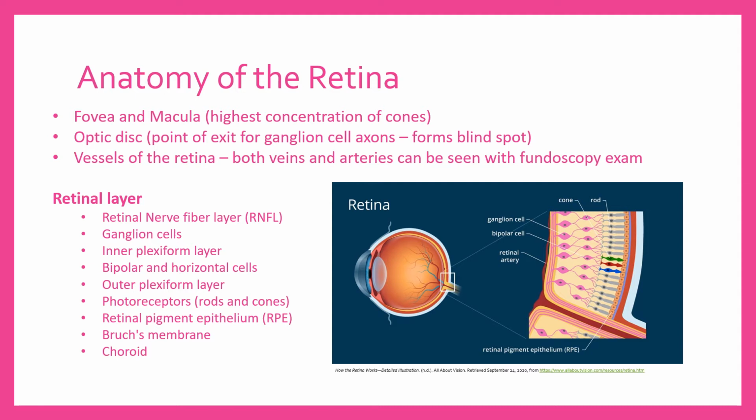Within the retinal layer, there are also multiple sublayers that either supply nutrients or participate in an intricate system to detect light and interpret it into an electrical signal. I have organized the general sublayers of the retina from the innermost to the outermost and eventually the choroid in this slide.